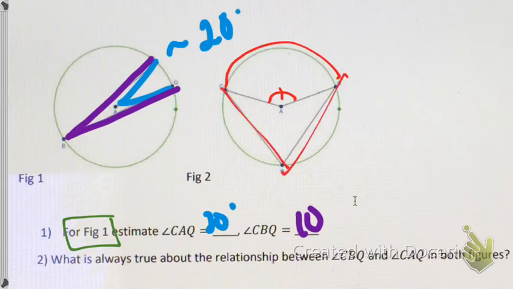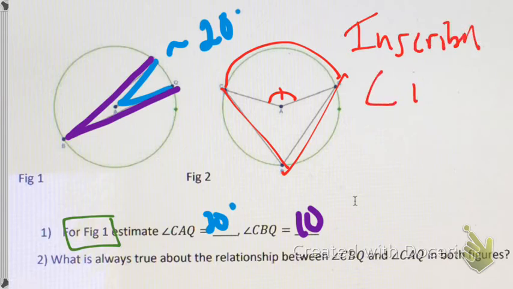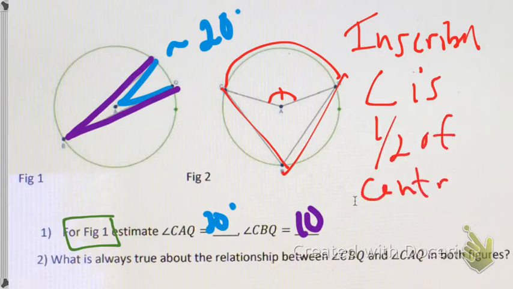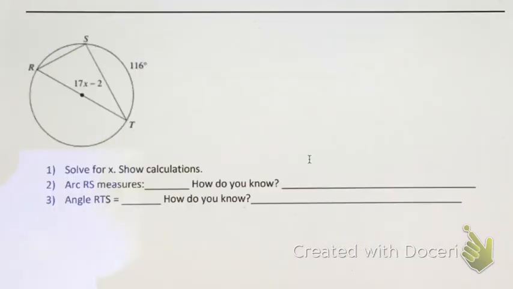Whatever the central angle and arc are, the inscribed angle is half. The inscribed angle is half of the central angle. That is the theorem, and we're just playing around with that.